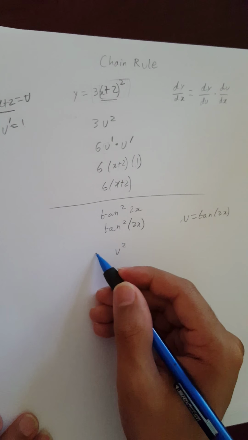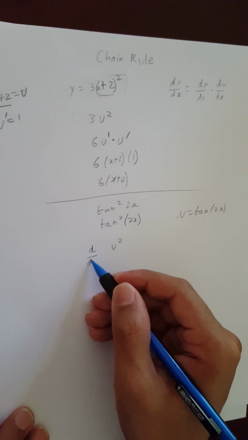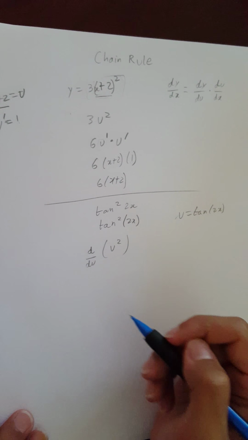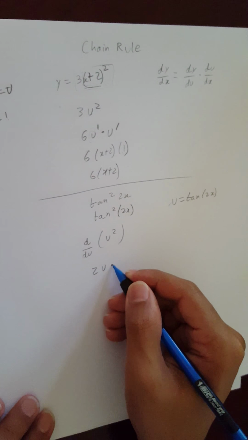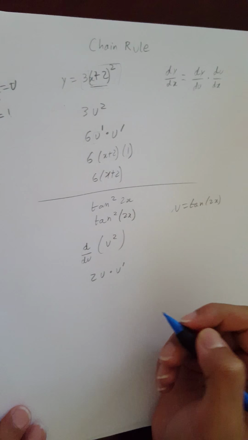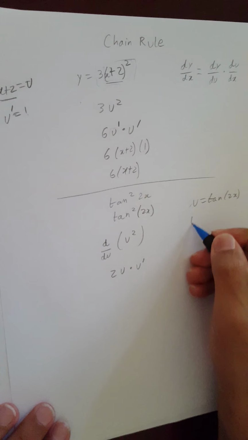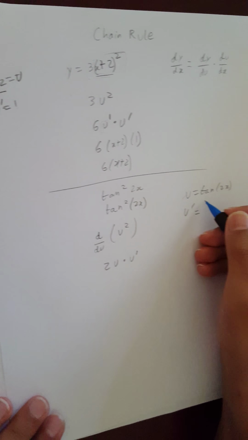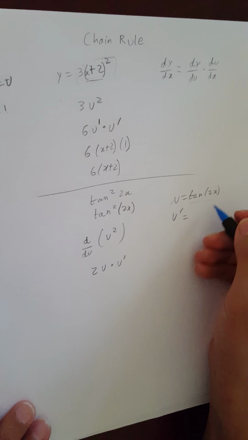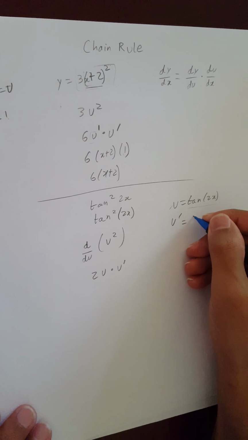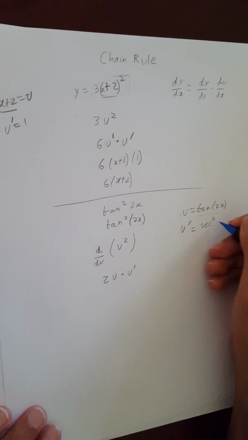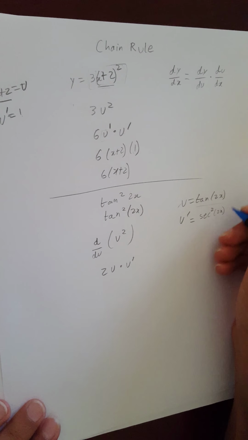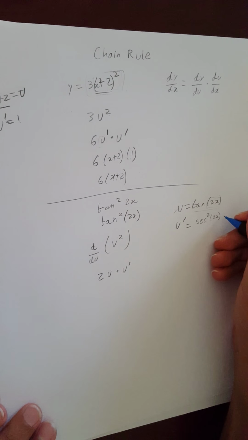The derivative of u squared is equal to 2u times u prime. And u prime is equal to the derivative of tan of 2x, which is secant squared 2x times the derivative of the inside, which is 2.